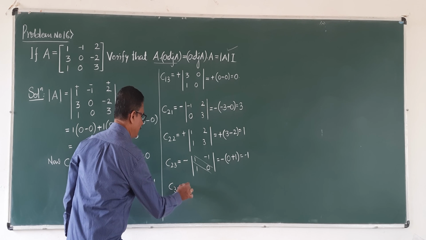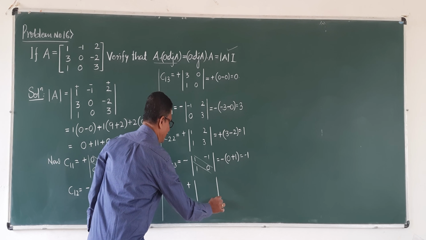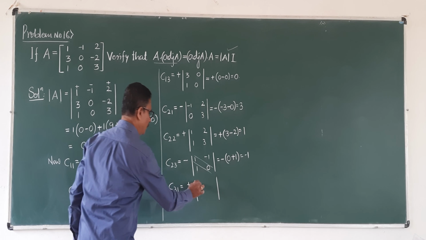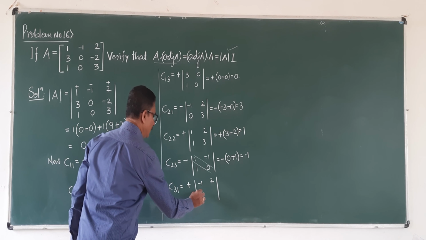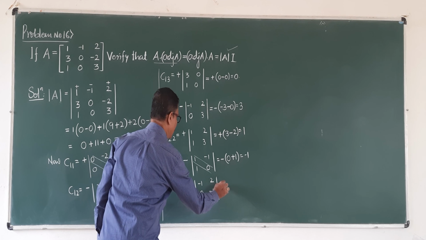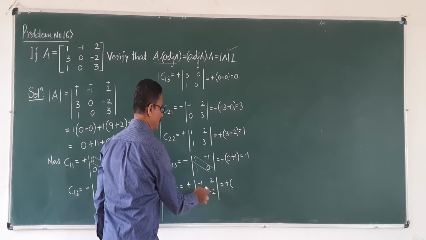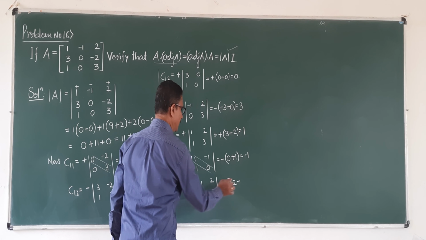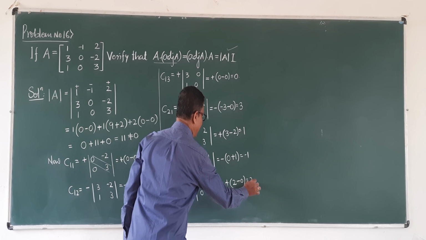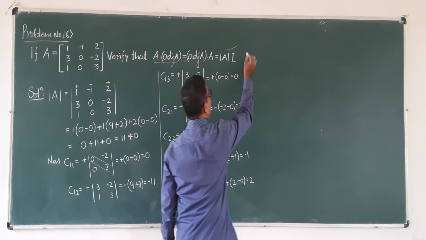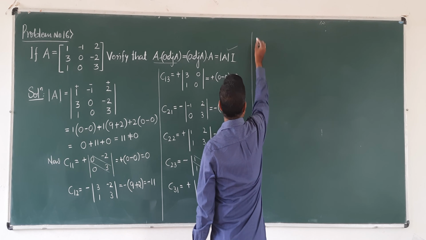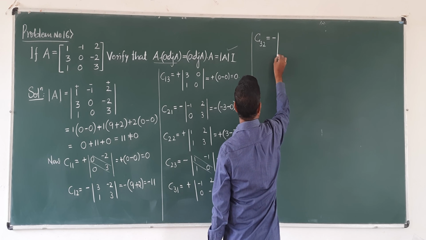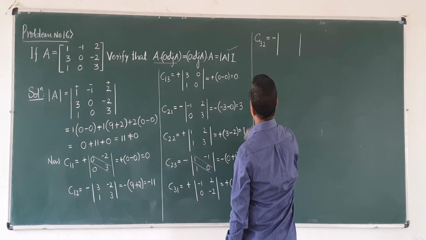Take the third row. C31 has a plus sign. Deleting the third row and first column, we get minus 1, 2, 0, minus 2: minus 1 into minus 2 is plus 2, minus 0 into 2 is 0, so that is 2. C32: 3 plus 2 is 5, odd, so minus.